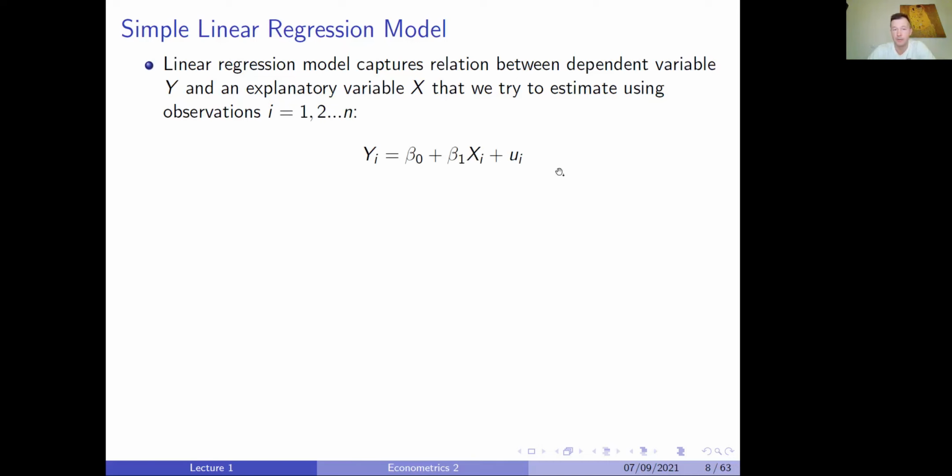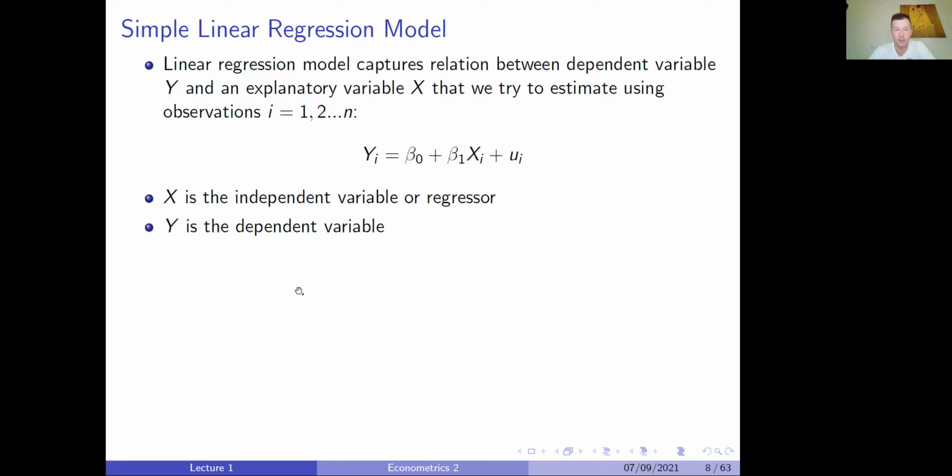So here is the formal expression to define this relationship. We have a linear part here, y equals beta 0 plus beta 1 times x1. This is the familiar expression for a line, plus ui. So we call x independent variable or regressor.